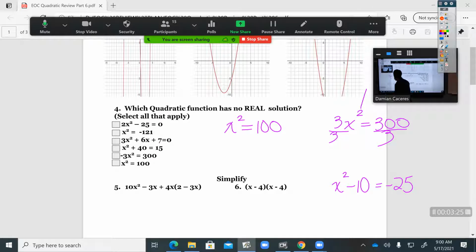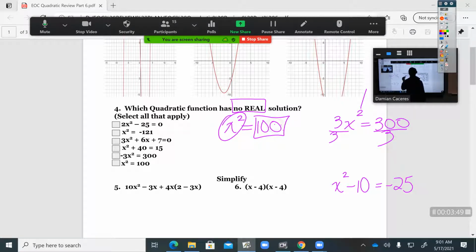So really, all you have to look at is whether there is a positive number or a negative number on the right side of the equal sign. Once you have x squared by itself, if there's a positive number on the right side, then there is going to be a real solution. If there's a negative number on the right side, that's when it would be no real solution.